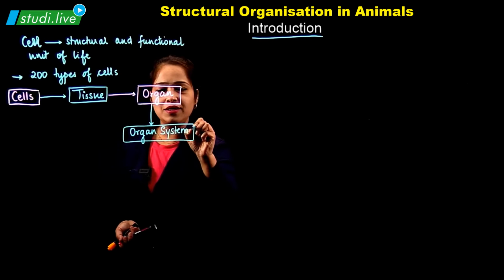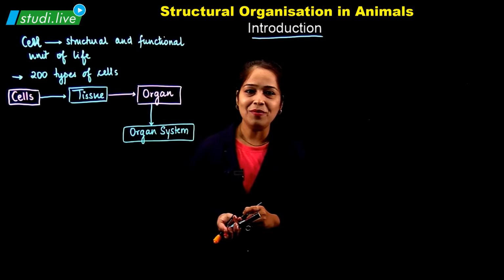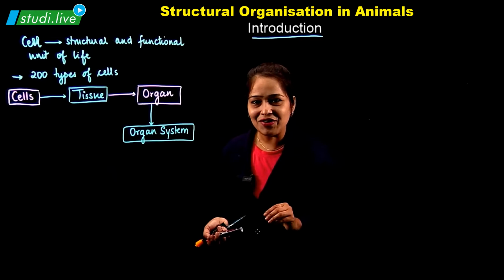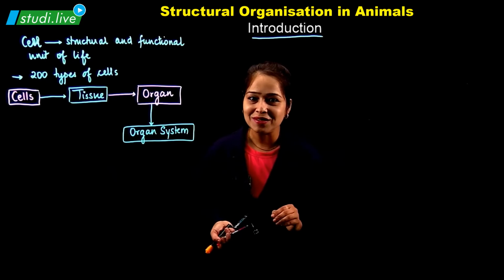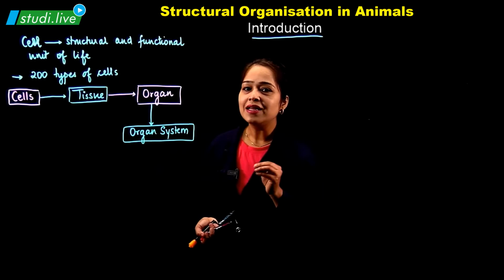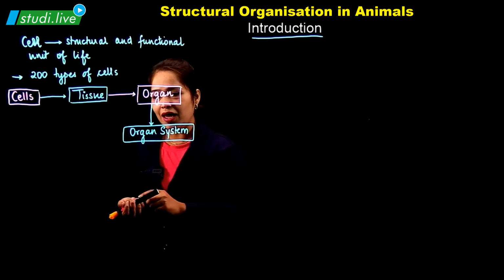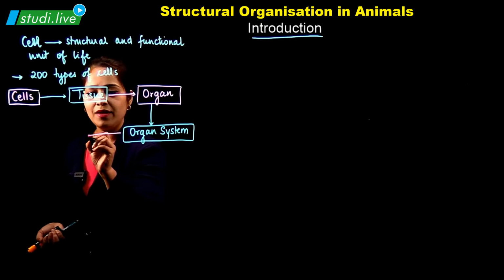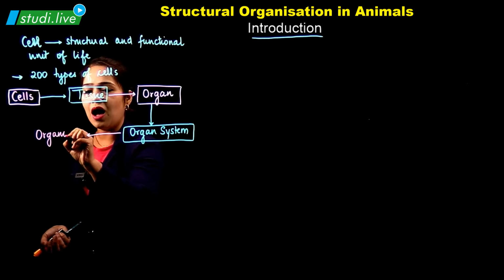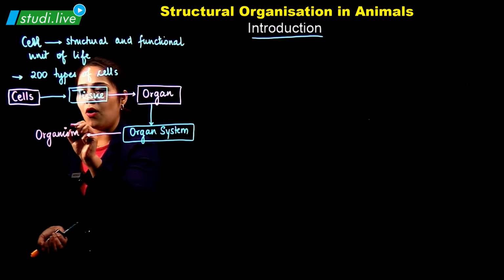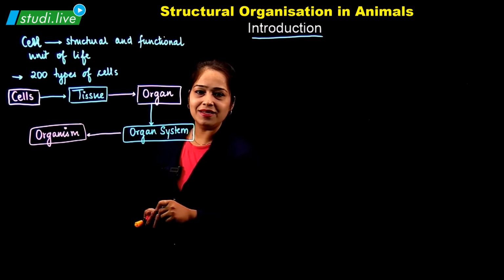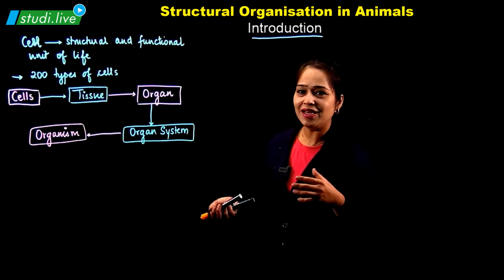Many different organ systems, for example in an animal body, the digestive system, excretory system, respiratory system, circulatory system. Different organ systems come together and form the organism. This is how an organism, which is the animal body, is formed.